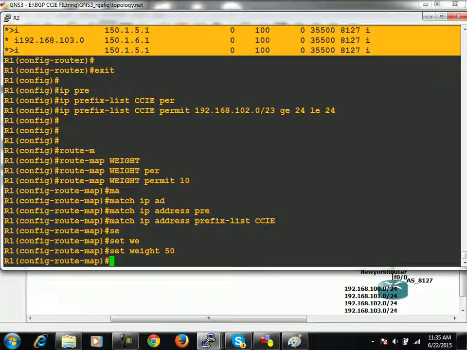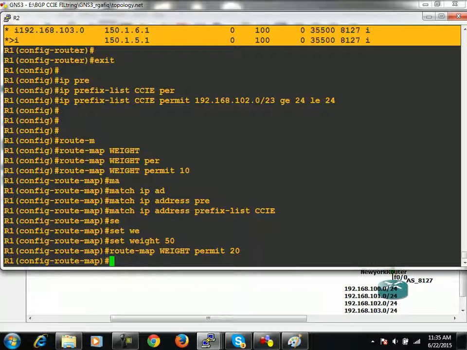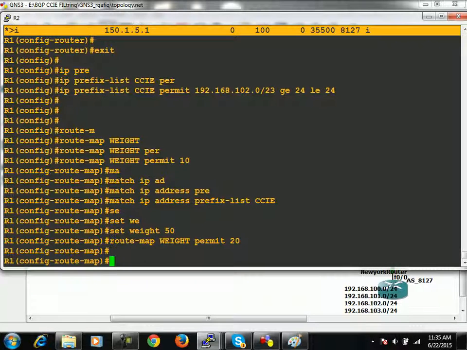So to allow all others, you have to create another statement for the same route map, like route map weight permit 20. And then after that, say what? Of course nothing, because match all is by default there.